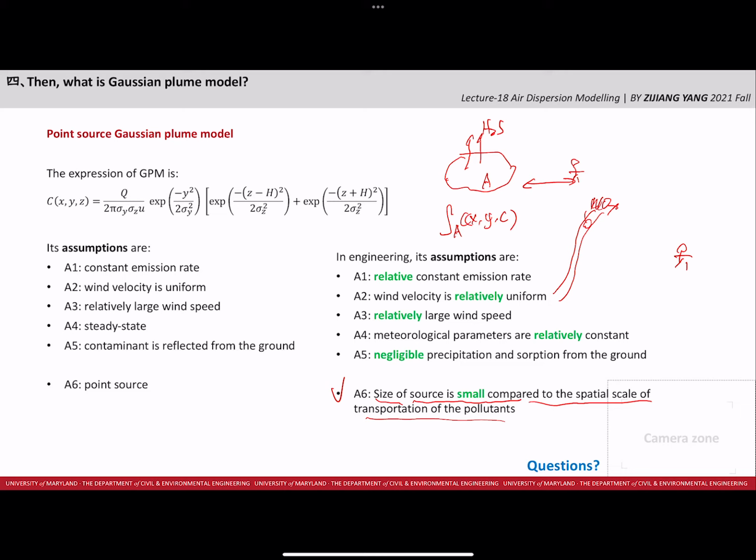As long as we know the emission rate of each unit area, we can do the calculation. Similarly, for this road, we may simplify it as a curve. So again, we can integrate along this curve and then calculate the concentration. So it could be yes and no.